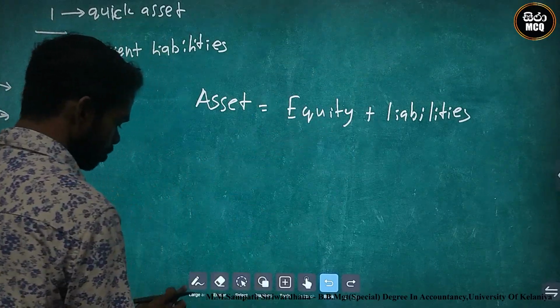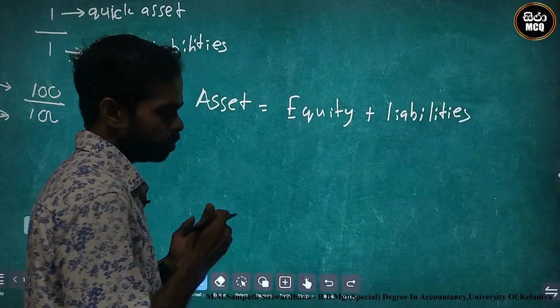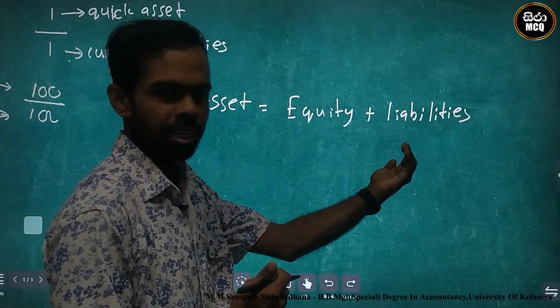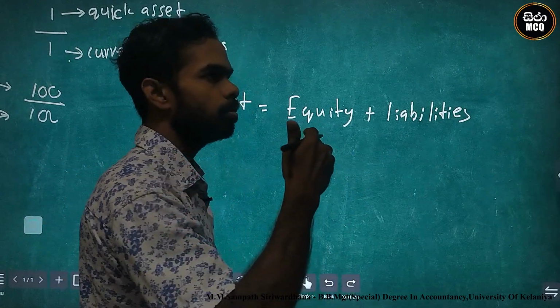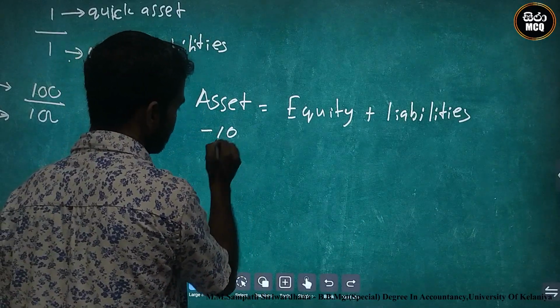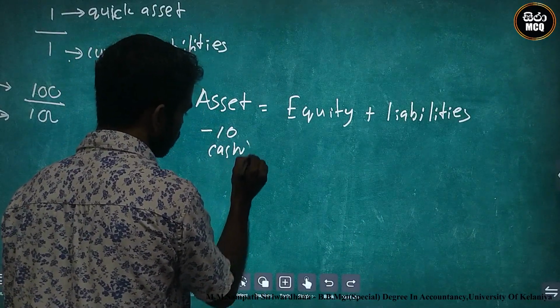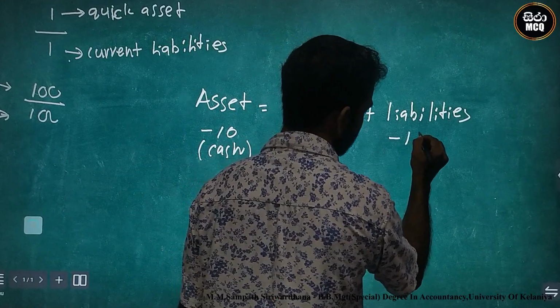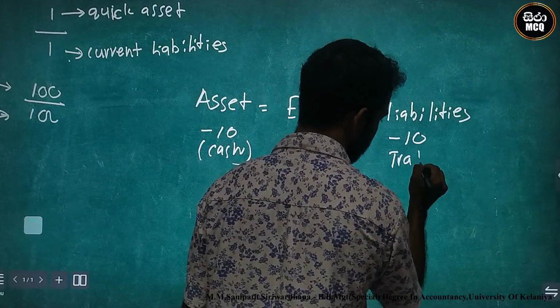Look here, this is a payment for current liabilities, trade payable. Okay, cash payment. There's a 10 cash.